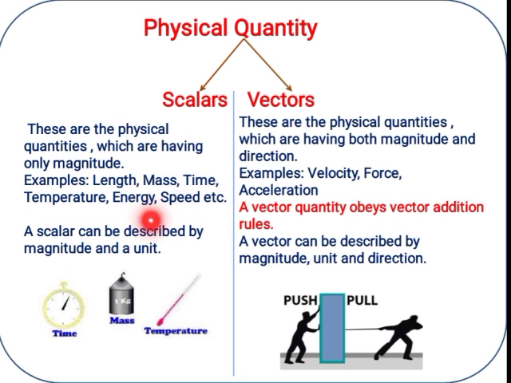And how do we express a scalar physical quantity? A scalar can be described by magnitude and a unit. Suppose we are writing the mass value, then how do we express it? 1 kg, 2 kg, 3 kg, etc. Kg is the unit, and 1, 2, 3 are the magnitude.